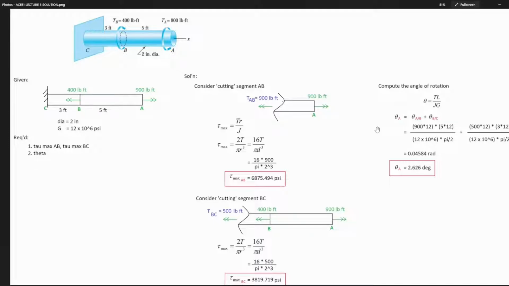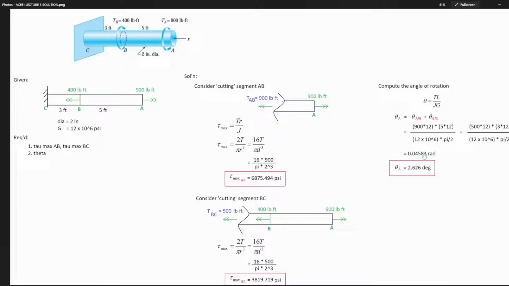So, here, guys, I showed that I multiplied by 12 here for the torque because it is in pound-foot, and multiplied by 12 here for the length because it is in feet. Upon solving, our theta A is 0.04584 radians.